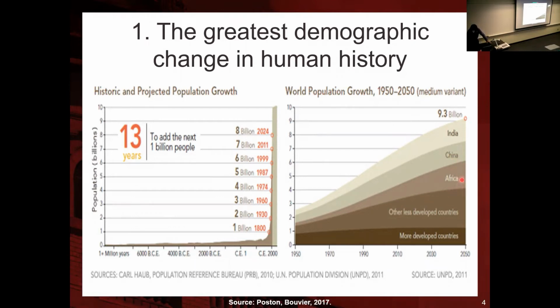So we have around here 2 billion people. China also increased a lot, and now it's tending to stabilize a little more. And India is still increasing, and India will pass China as the country with the highest number of people living in its territory. In other less developed countries, we also have been experiencing an increase in population.